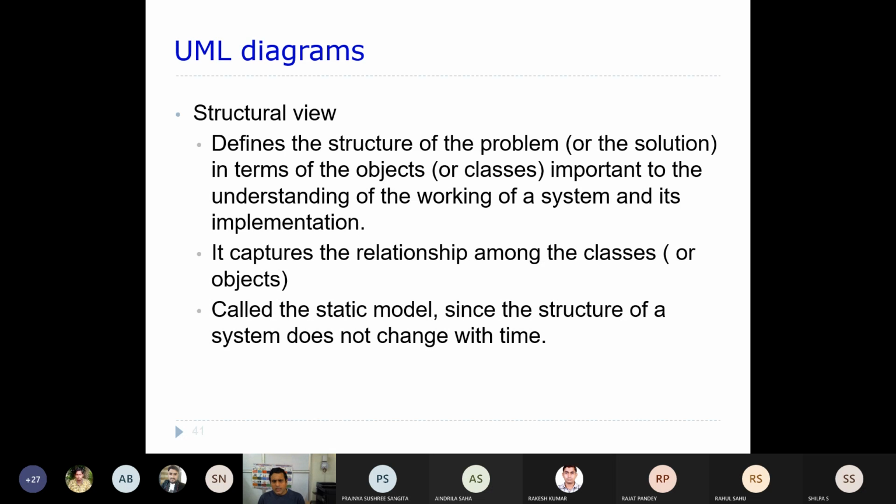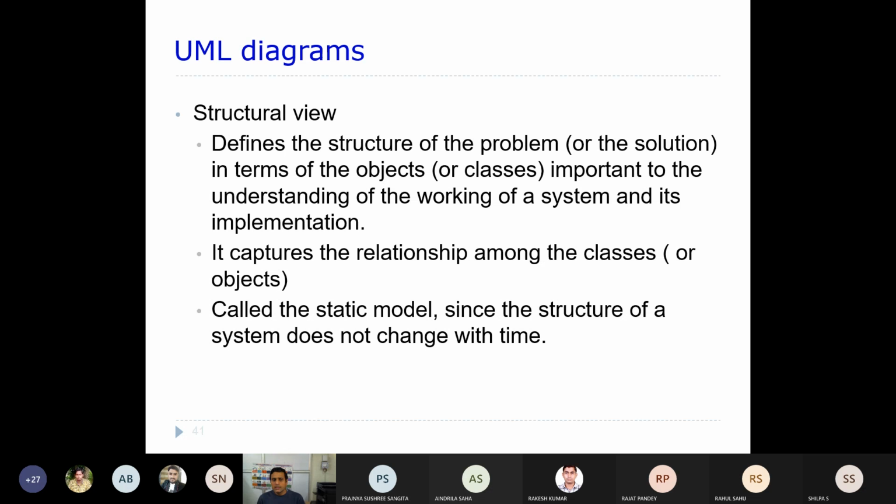It captures the relationship among the classes or objects. Through this structural view, we will be able to see how these objects are related to each other. But how they show some sort of behavior by interacting with each other is not done here. That will be part of the behavioral view.